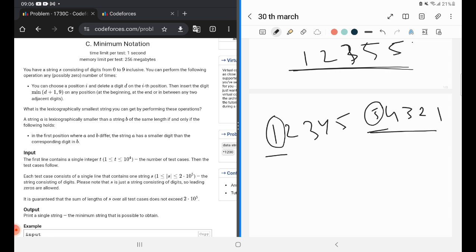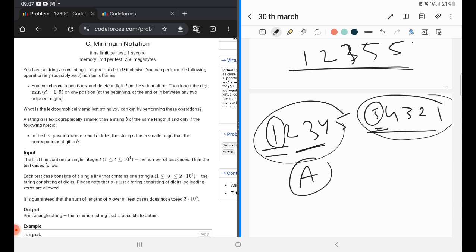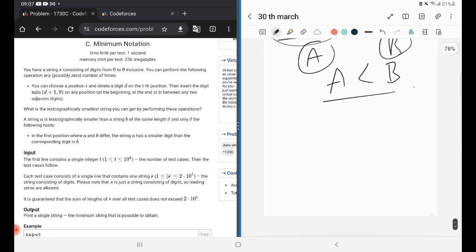So that means this string is lexicographically greater than this particular string, right? So that's what they have stated, that in the first position where a and b differ, like they differ in this position itself, the string a has a smaller digit than the corresponding digit in b. So if this is string a and this is string b, string a is lexicographically smaller than b, right?